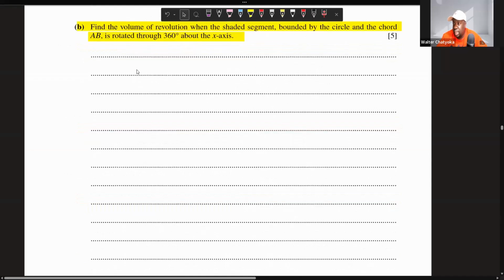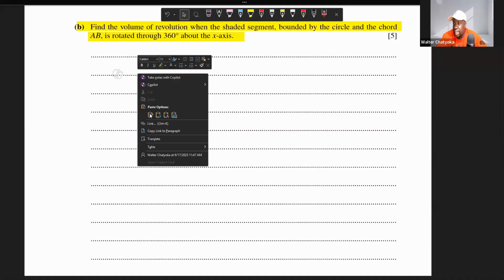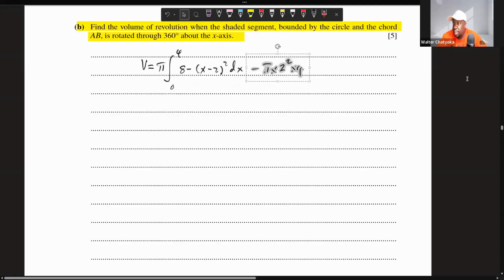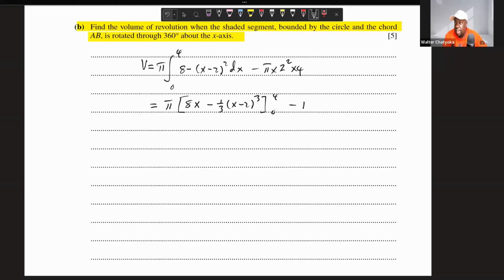So we will come here and have everything in place for calculation of volume. That's going to be π of, integrating 8 is 8x, and integrating this, we'll have minus a third of (x − 2)³, from 0 up to 4, and that's minus 16π.